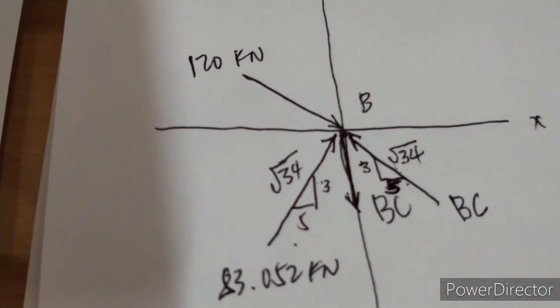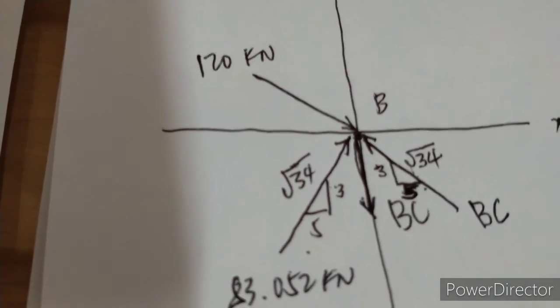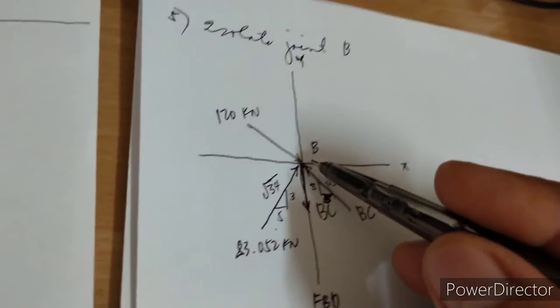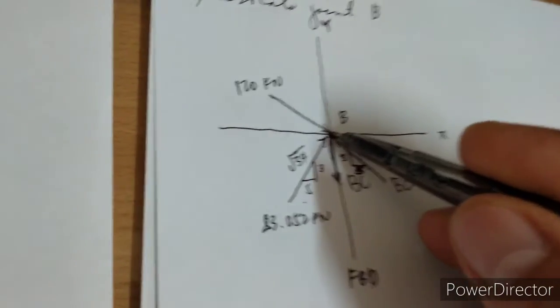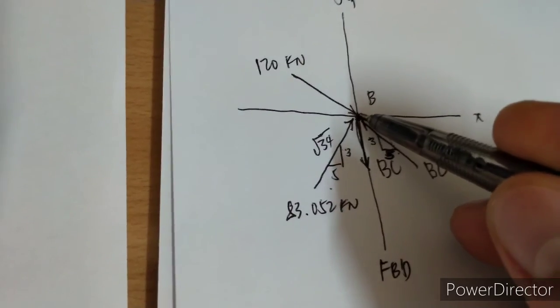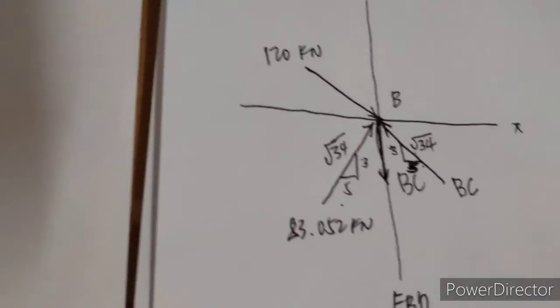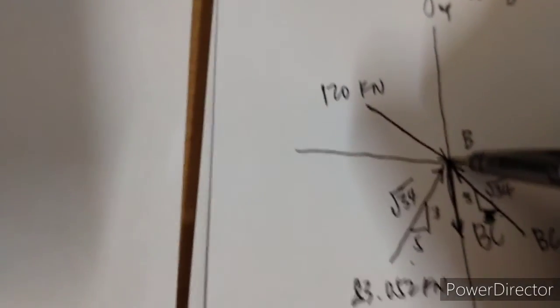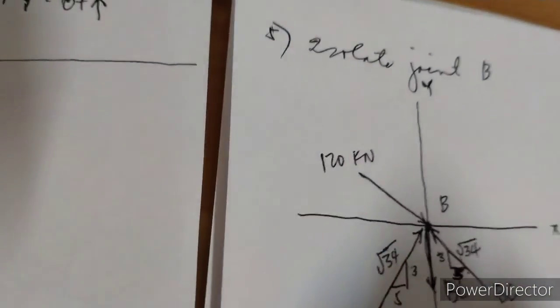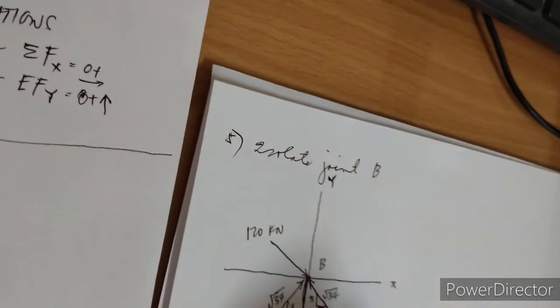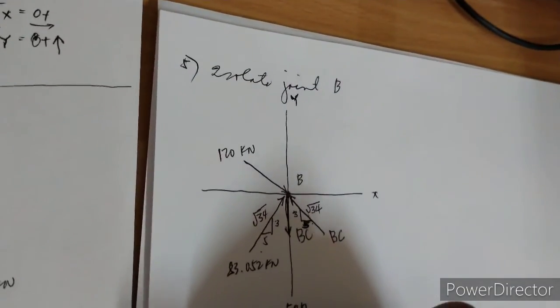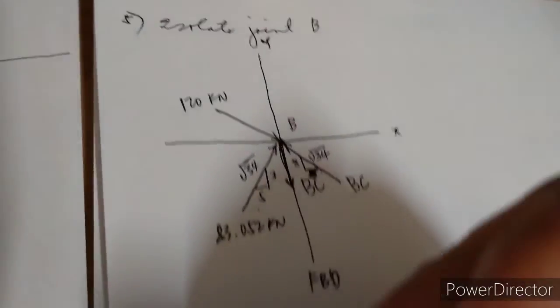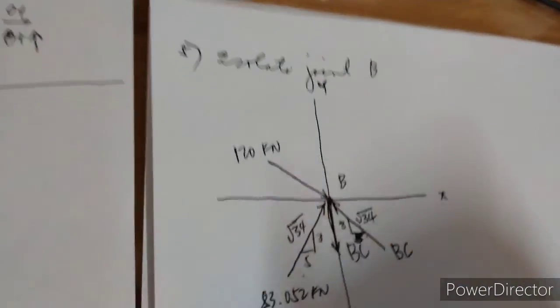So let's try to begin with the analysis of this joint, or let's try to have it by method of joints. This is solution number 5, and we have the first step.